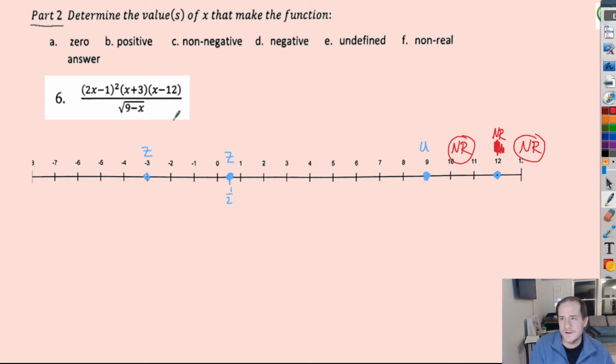And so again, I see thing that is squared times thing all over thing. What part of this do we really need to evaluate? Well, because the 2x minus 1 is squared, we know that if it's positive, a positive squared will be positive, but even if it's negative, a negative squared will be positive.